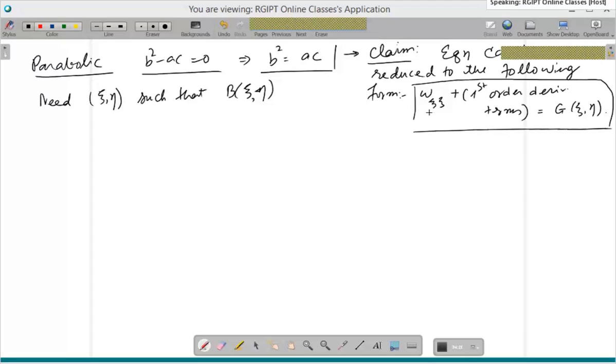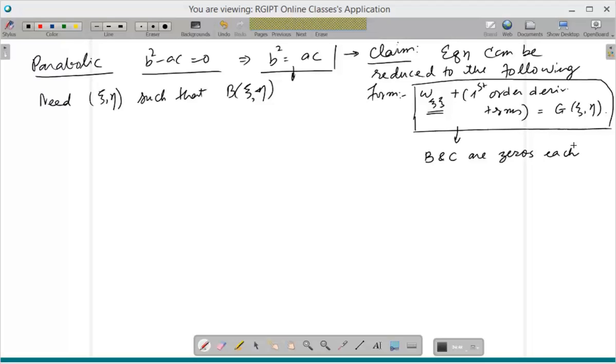Here only one second order derivative will appear, which is with only one variable. So if this condition is satisfied, that would mean that capital B and C are 0.